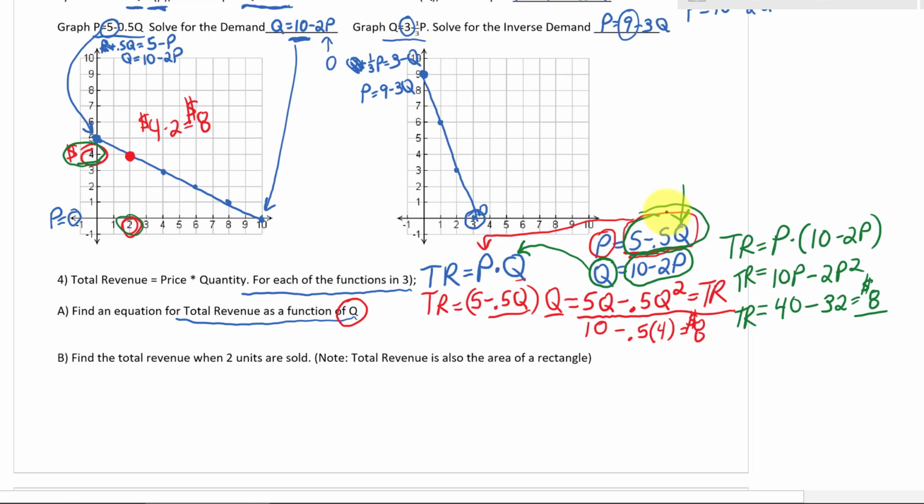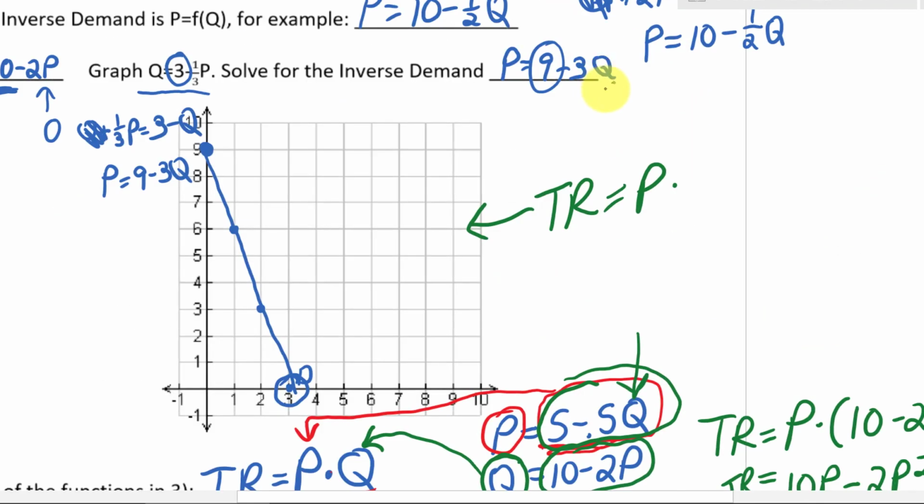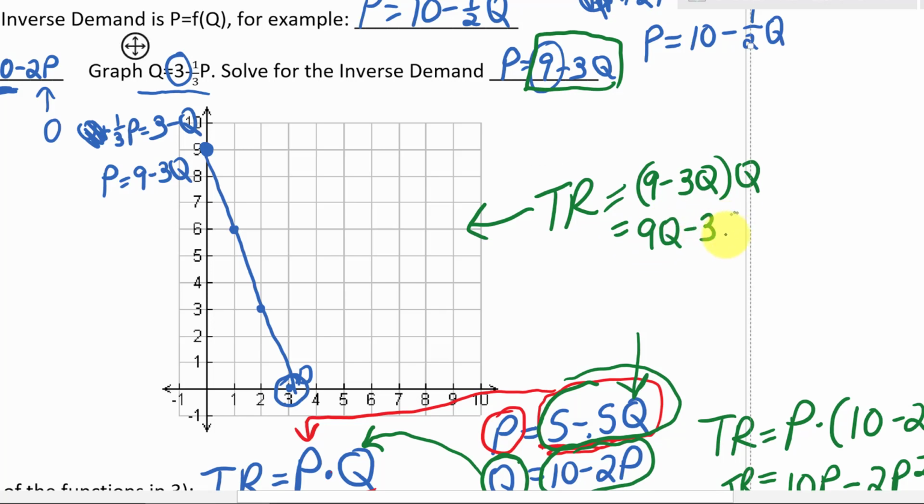We need to keep the Q if we want a function of Q. So for this one, total revenue equals price times, and we're going to want this part here, 9 minus 3Q. So we want 9 minus 3Q times Q. So that's 9Q, and then minus 3Q times Q, minus 3Q squared. And that's the function we're looking for.